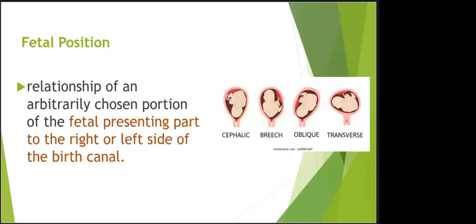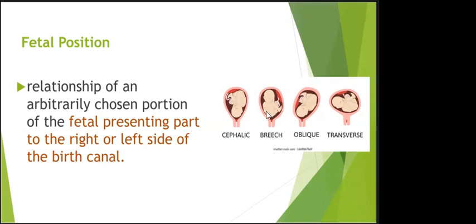Fetal position. It is the relationship of an arbitrarily chosen portion of the fetal presenting part to the right or to the left of the birth canal, or to the right or to the left of the mother. Okay, not your left, not your right, but the mother's right and left. Whether it is a cephalic presentation, is it a right occiput position or a left occiput position.